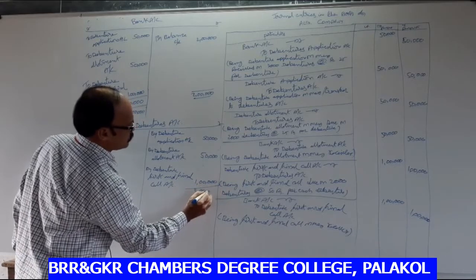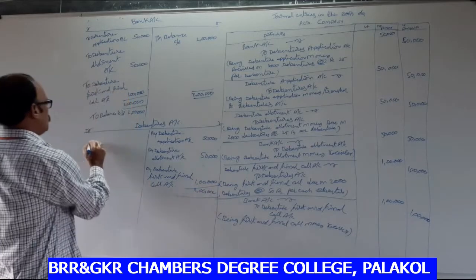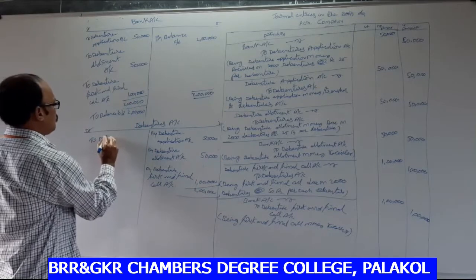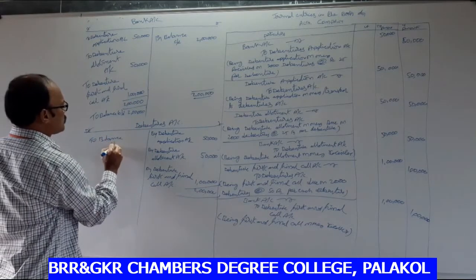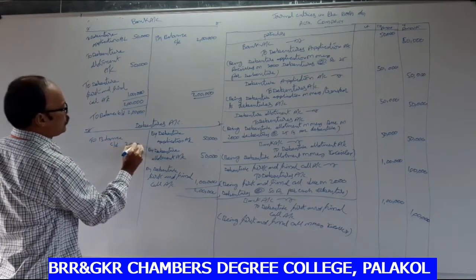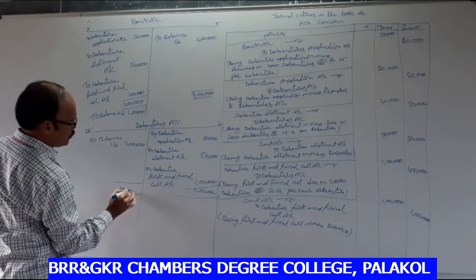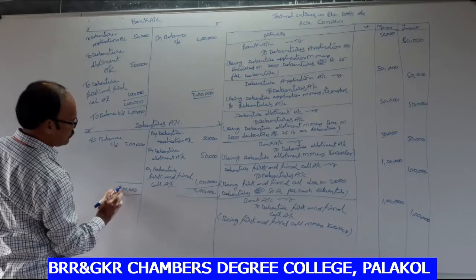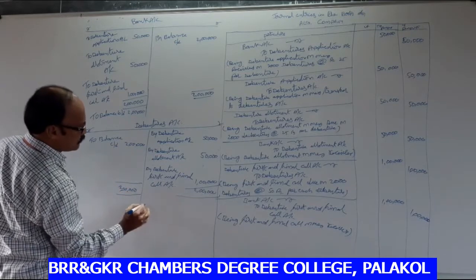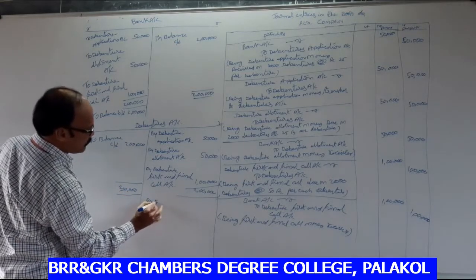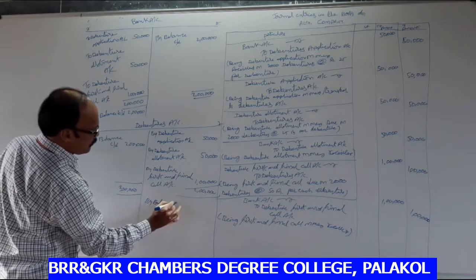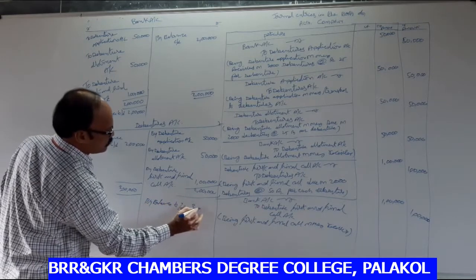Total 2 lakhs. Balance carried down 2 lakhs. By balance brought down 2 lakhs.